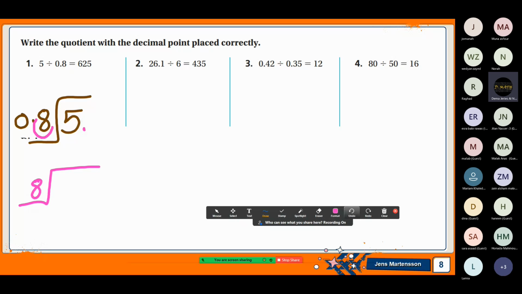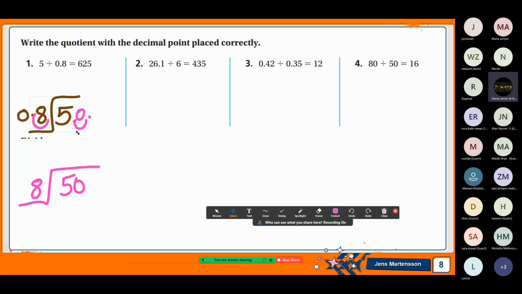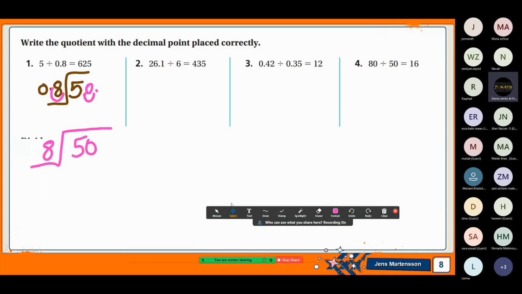The decimal point is here, so you have to move it 1 digit to be here, so it comes as 50. Now we will take 50 divided by 8.